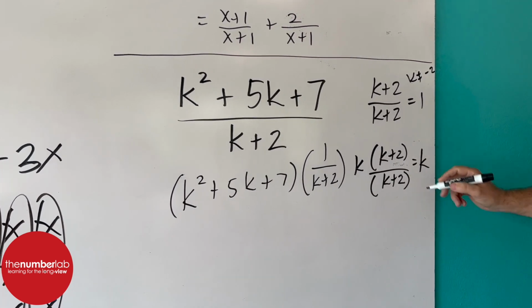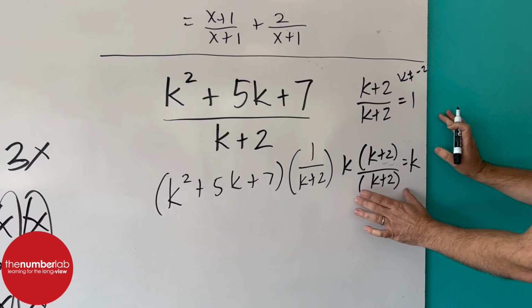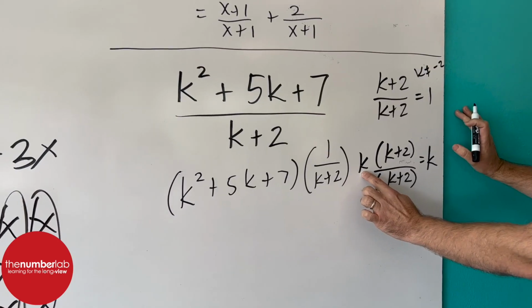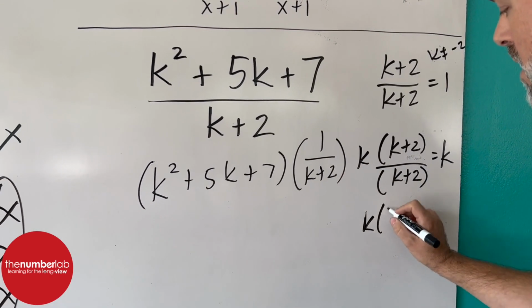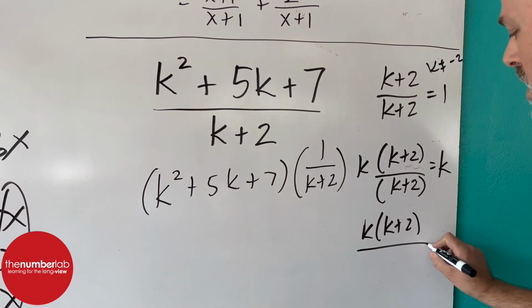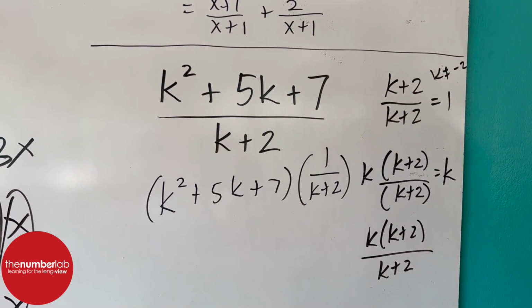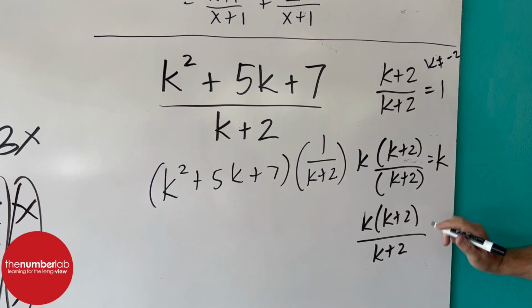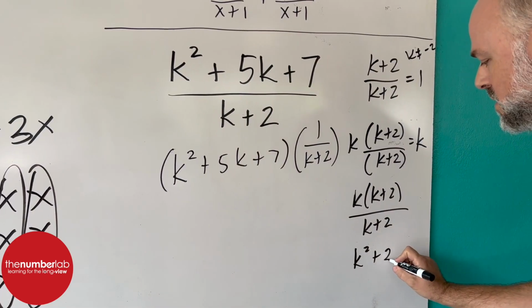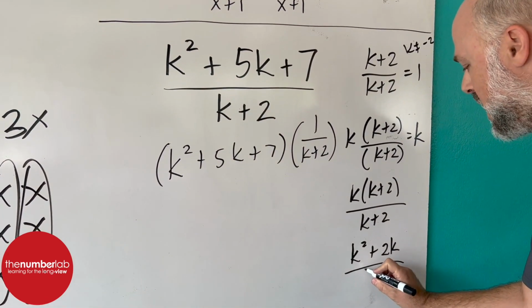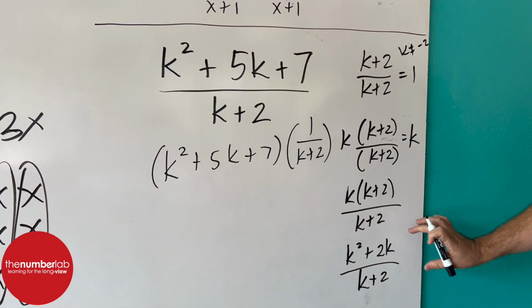I'm writing it this way because I want you to see that we've got k of these fractions, which means we have k of k and 2 of that fraction. That's what this is equivalent to. This, if we distribute, is k squared and 2k of those fractions, of those k and 2/5.